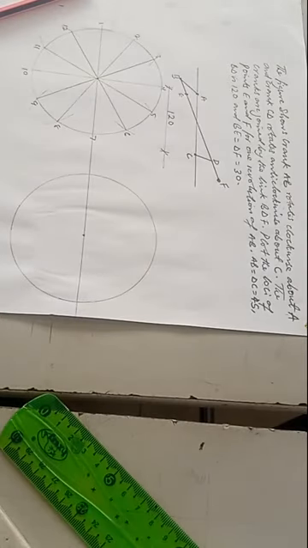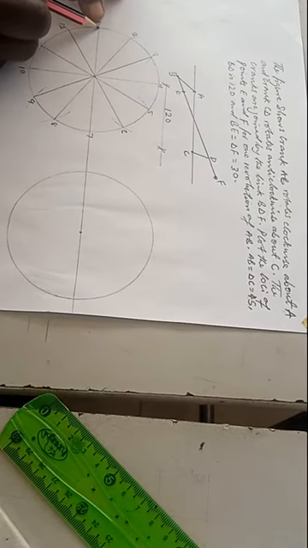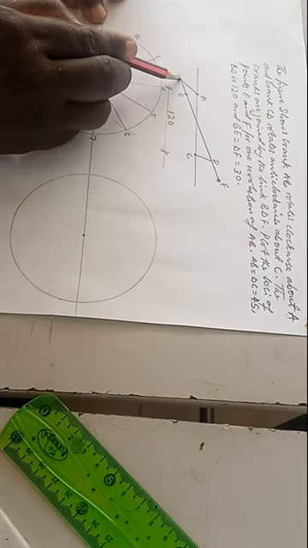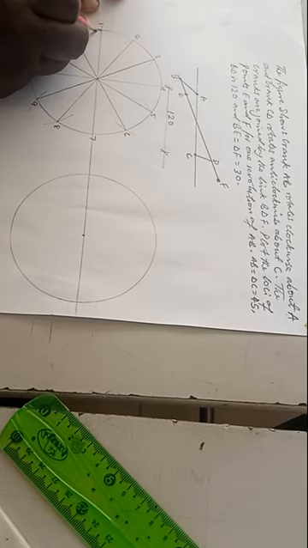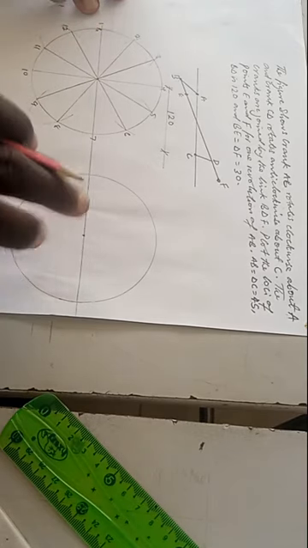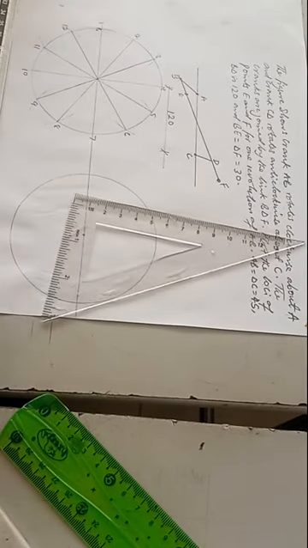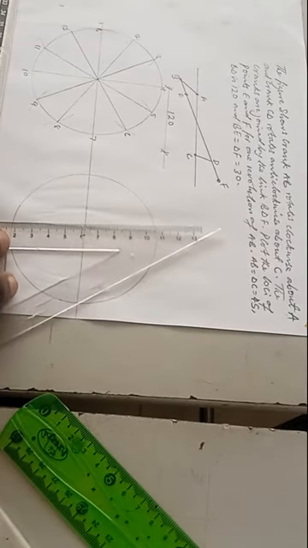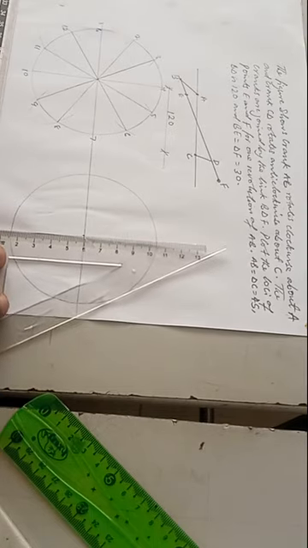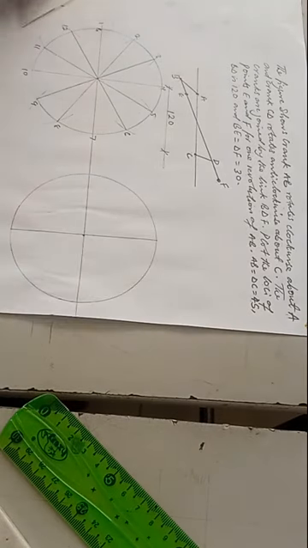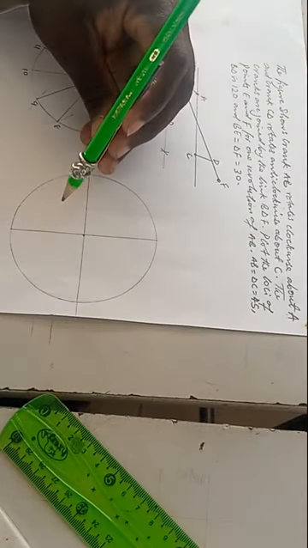Now, this one is starting from here. If this is our B1, for this other circle we have to divide it also into 12 equal parts. We use the same radius of the circle.